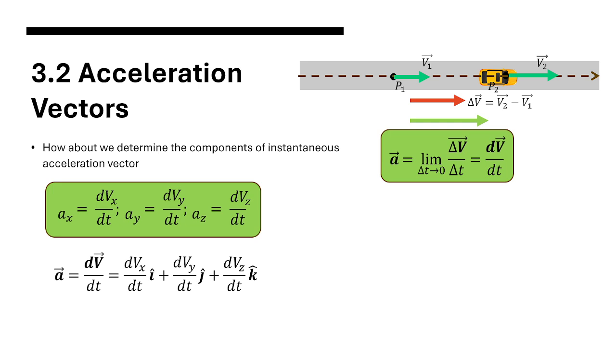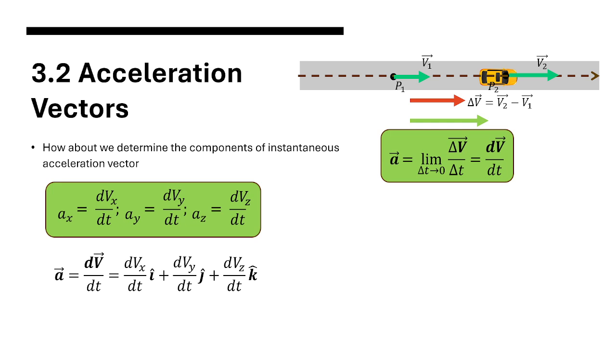This is the other version using its components. We just substitute the scalar components of our instantaneous acceleration, ax, ay, and az. I'm so sorry, I apologize.